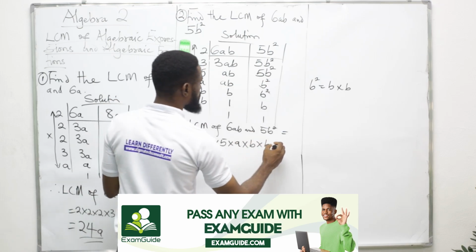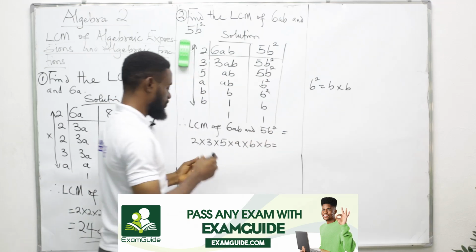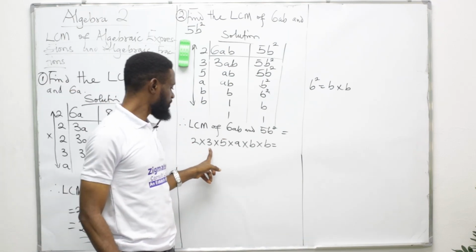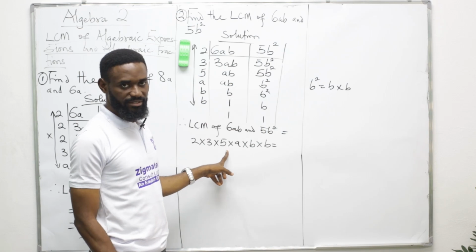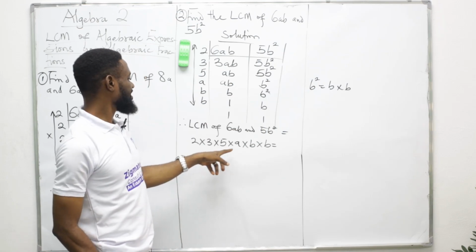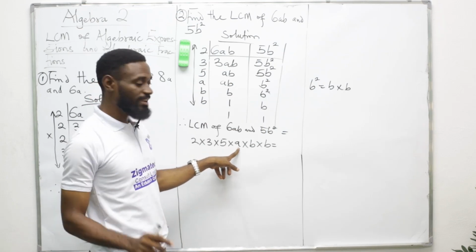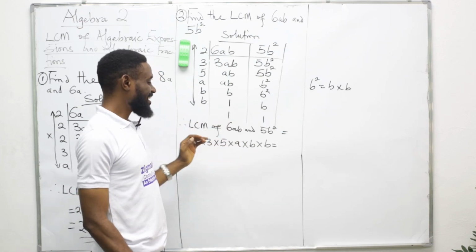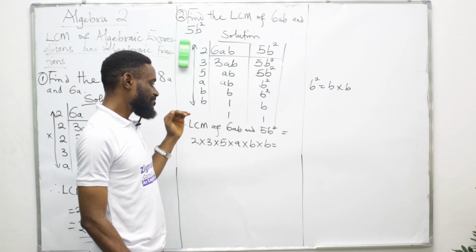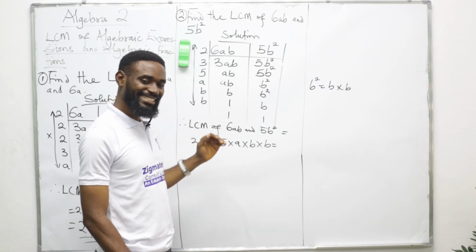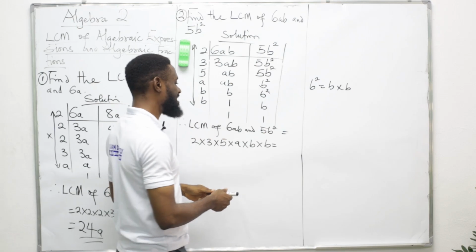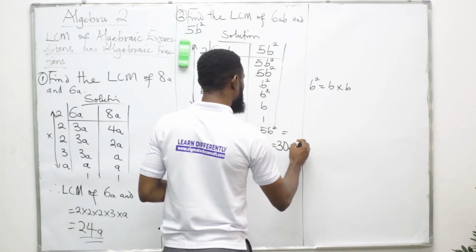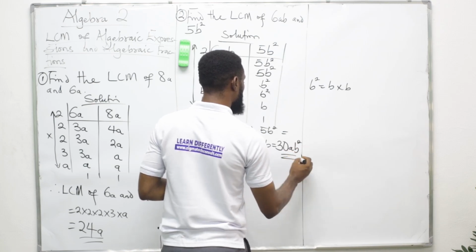And that will give us, if we look at this, 2 times 3 is 6. 6 times 5 is 30. 30 times a is 30a. 30a times b is 30ab. 30ab times b is 30ab squared. So our LCM is 30ab squared.